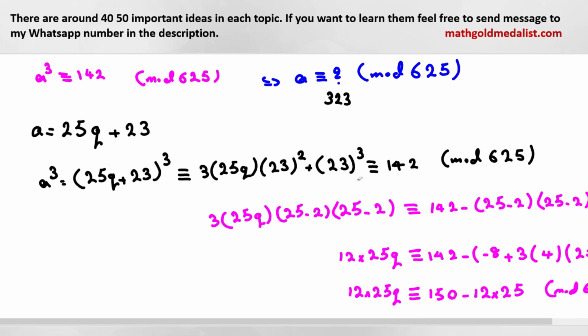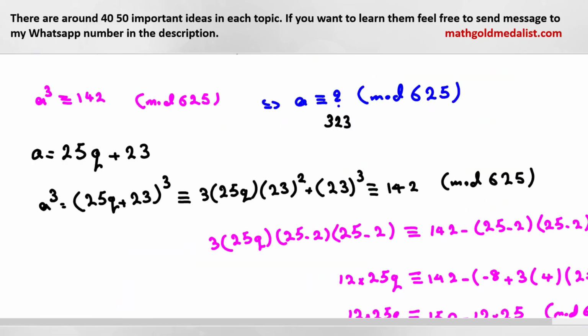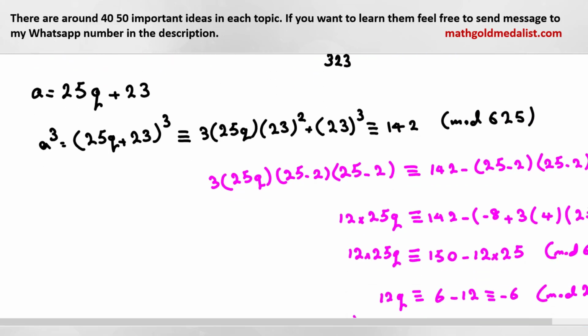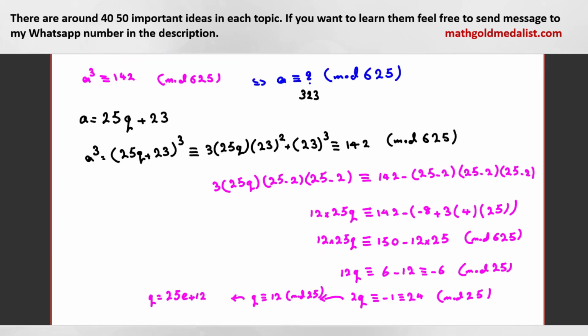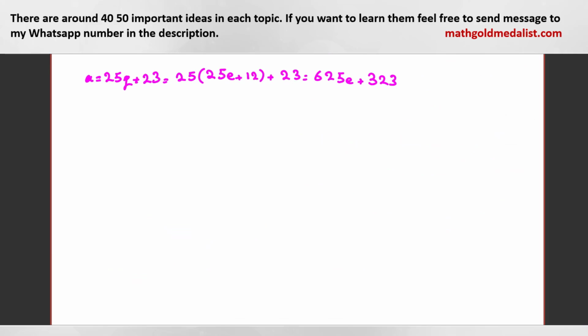So it's good to calculate first mod 25, then mod 625. In that case, you will get stuck, right? So we found that a is 323 mod 625, right?